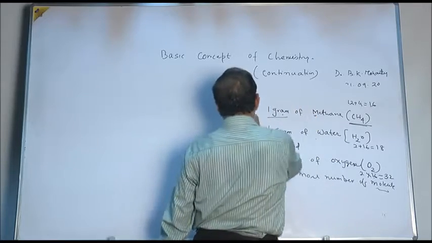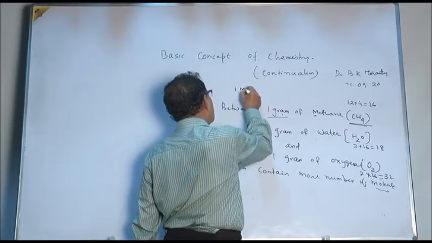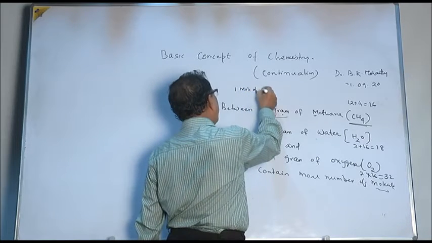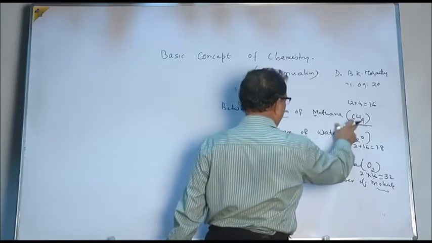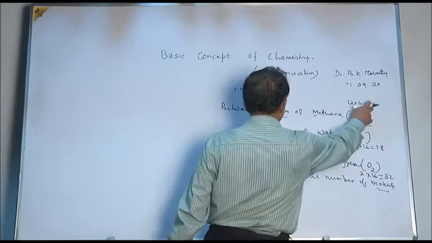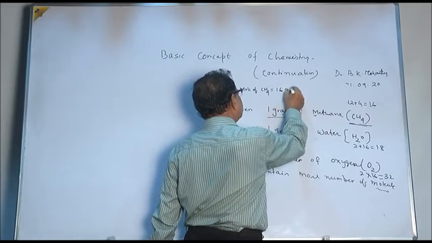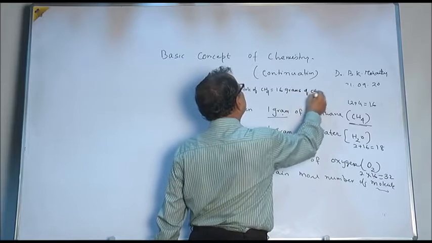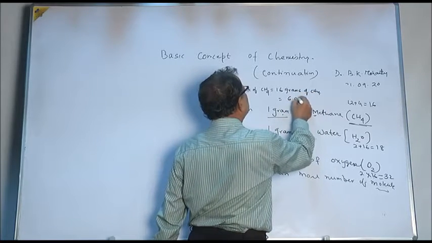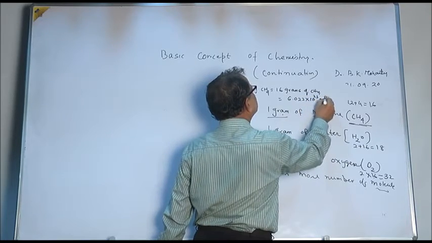We know 1 mole of methane is equal to 16 grams, and 16 grams of methane is equal to 6.022 into 10 to the 23 molecules.